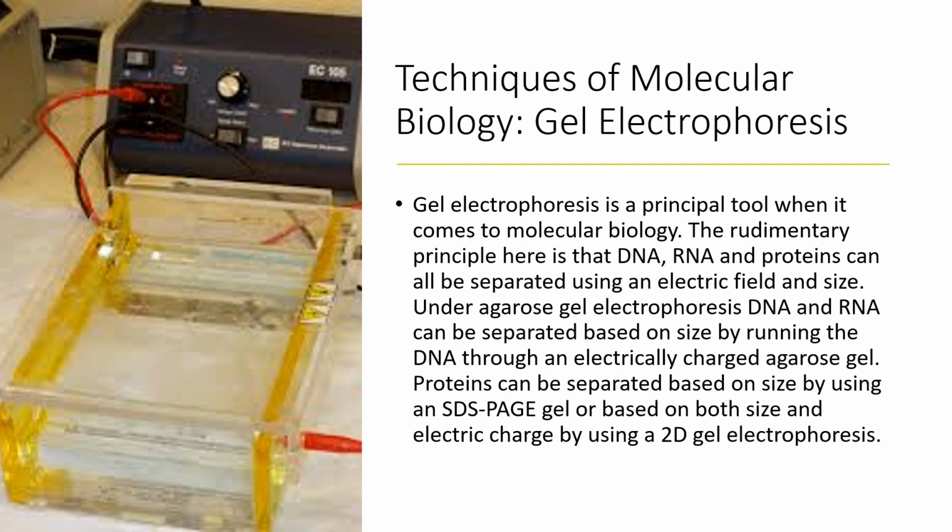Under agarose gel electrophoresis, DNA and RNA can be separated based on size by running the DNA through an electrically charged agarose gel. Proteins can be separated based on size by using an SDS-PAGE gel, or based on both size and electric charge by using a 2D gel electrophoresis.